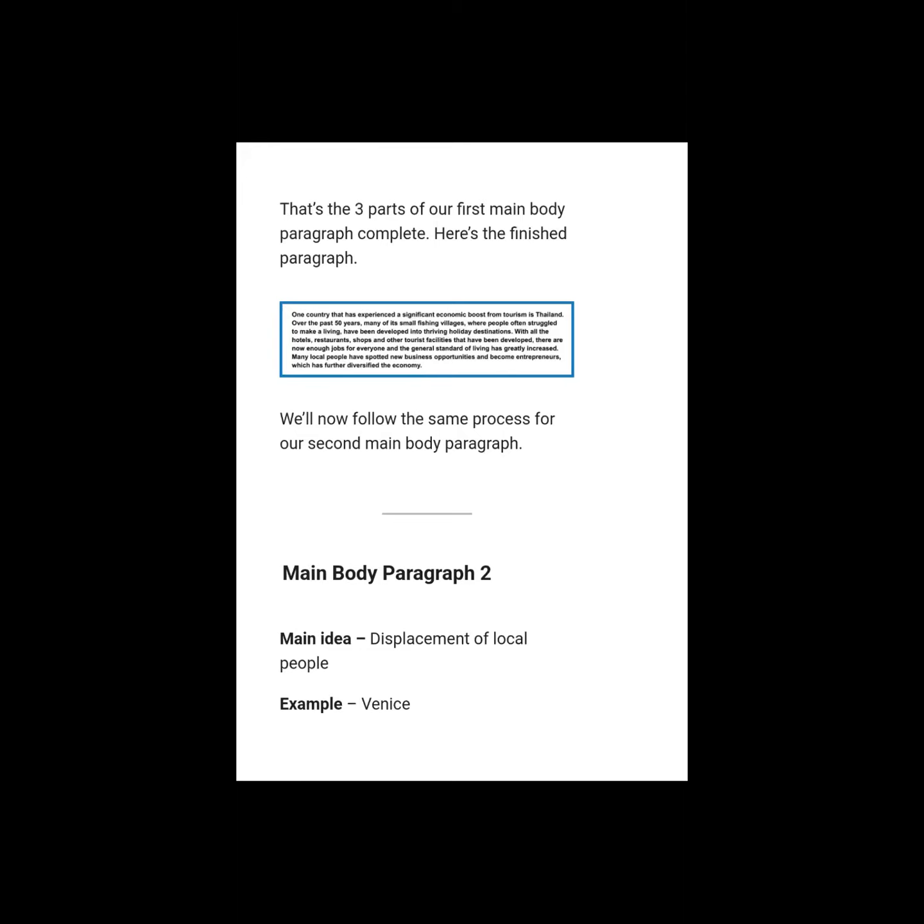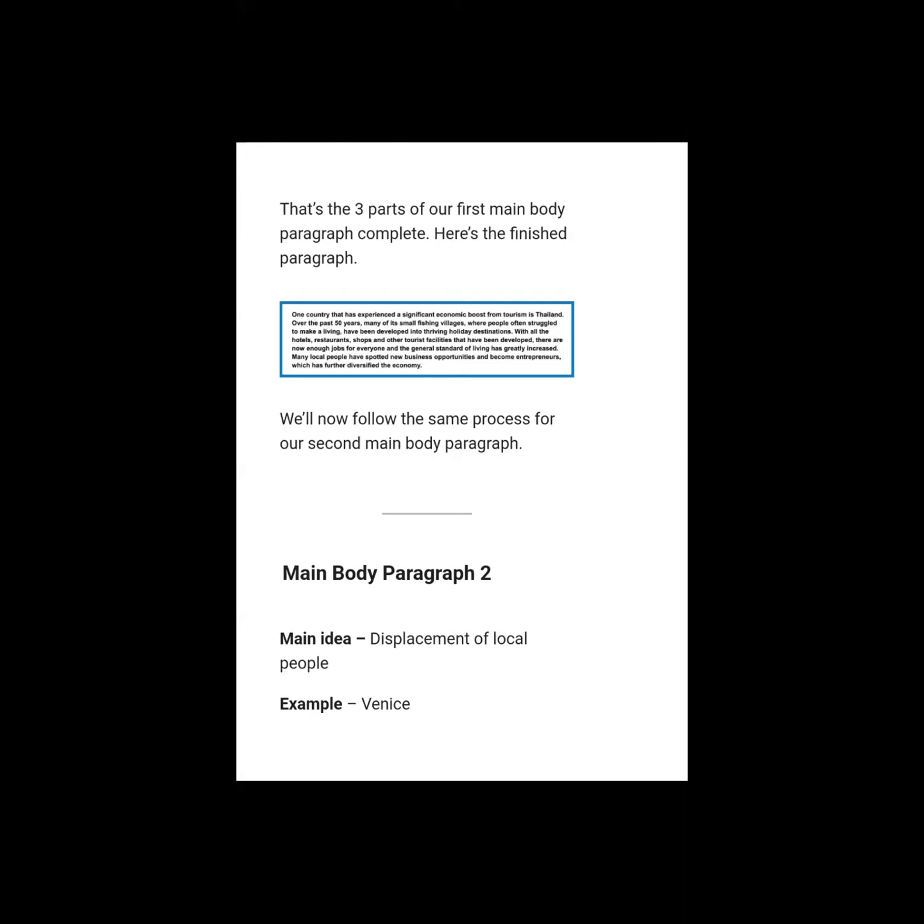Then you go ahead to explain what happened, and then you give the consequence of what happened. Of course, this is an advantage, so this resulted in something good, because you are writing it as an advantage. Then main body two now is still the same thing.